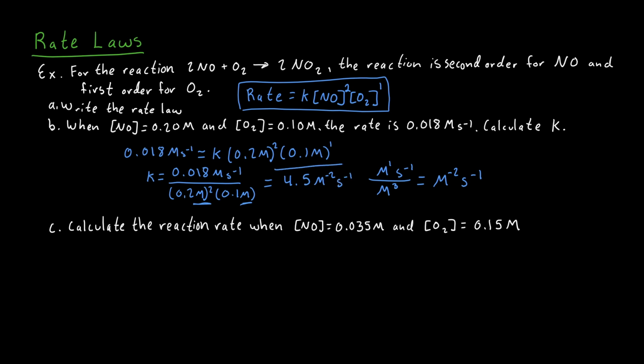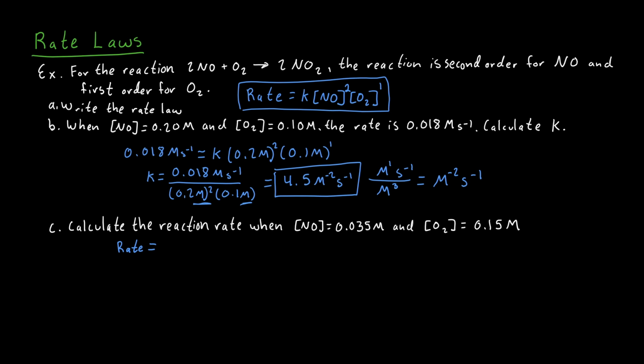Now in part C, calculate the reaction rate when the concentration of NO is equal to 0.035 molar and the concentration of O2 is 0.15 molar. So now what we want to solve for is the rate, and we can again plug in what we know.